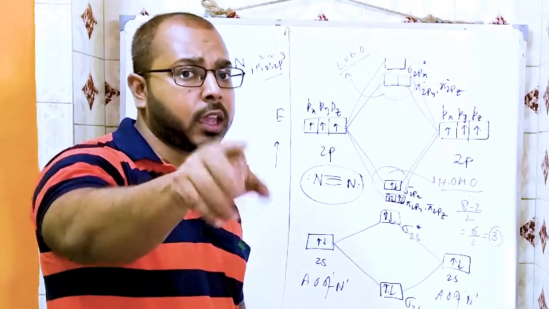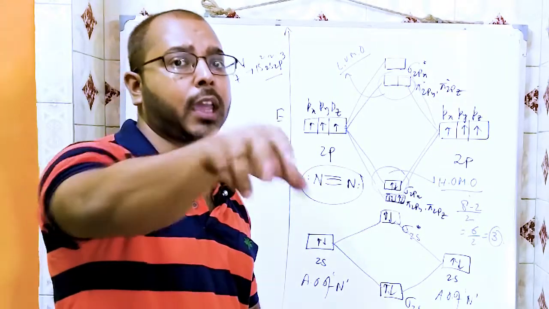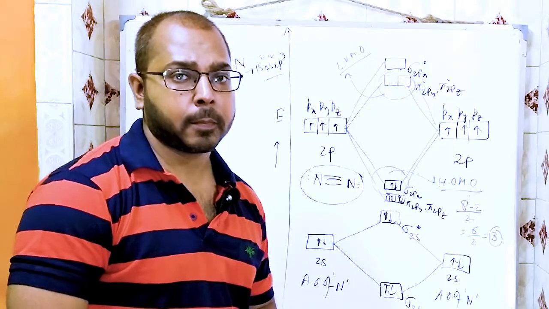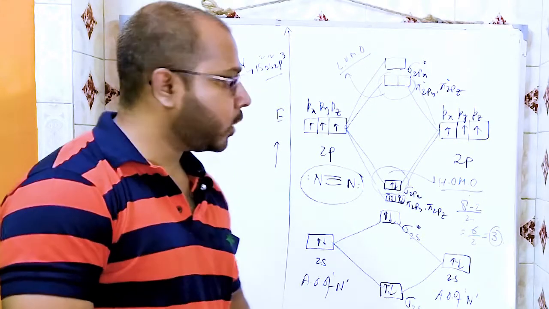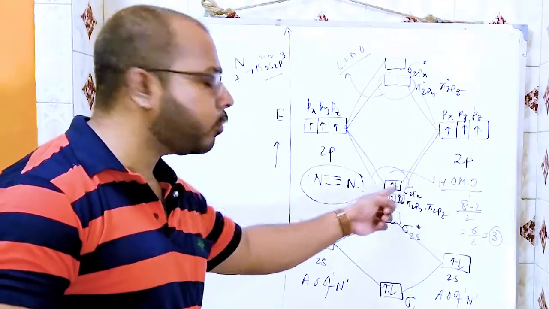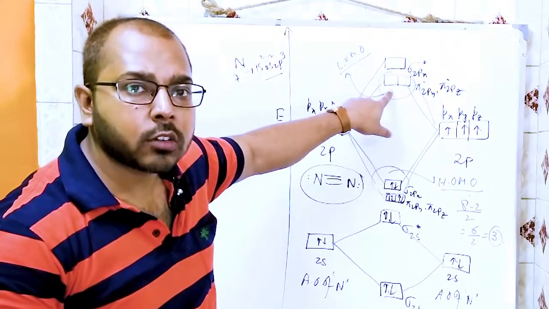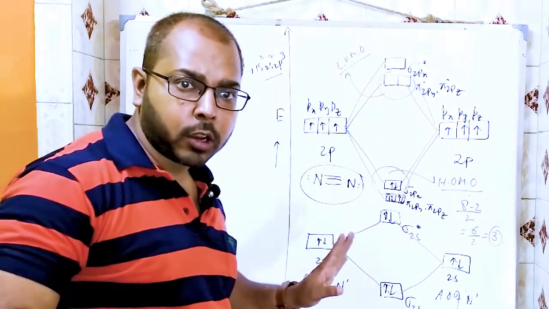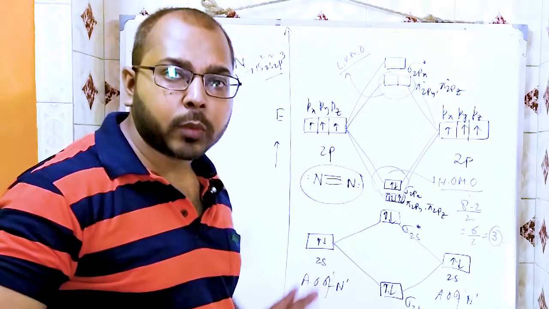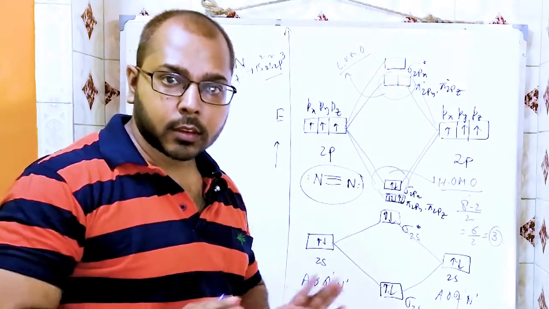One is sigma, the other 2 are pi. Okay. So for N2 plus, just remove 1 electron. For N2 minus, just gain 1 electron. Got my point? Because it will accept it in the vacant orbital. Clear?